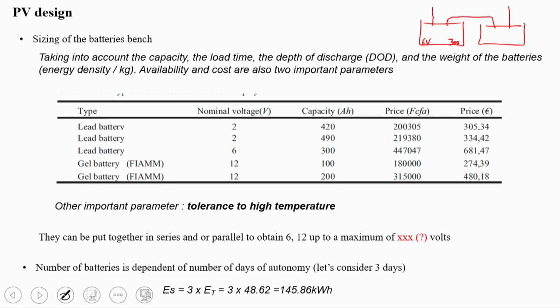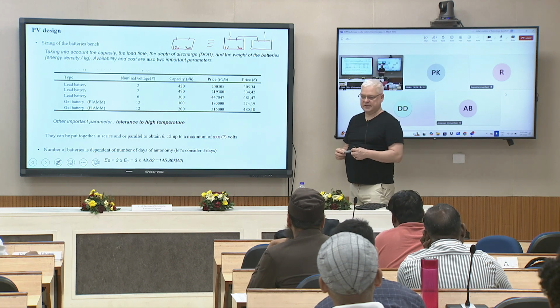It's equivalent to a battery. So what are the characteristics of the equivalent battery? You add the voltage, so 12 volt and 300 ampere hour. Whereas in parallel, it will stay 6 volt and 600 ampere hour.